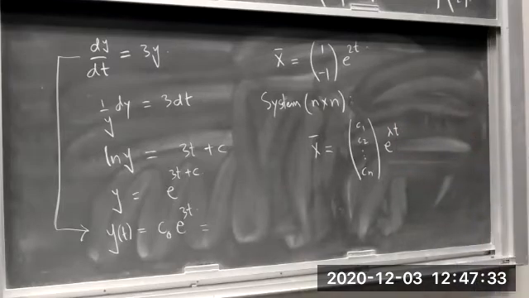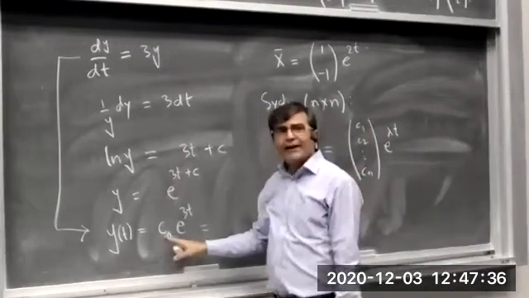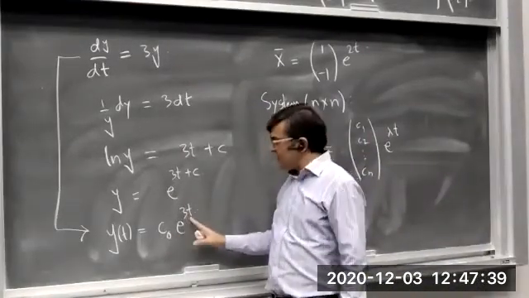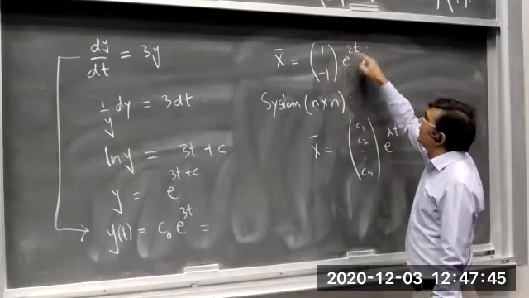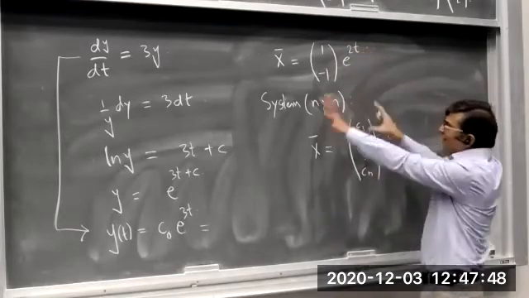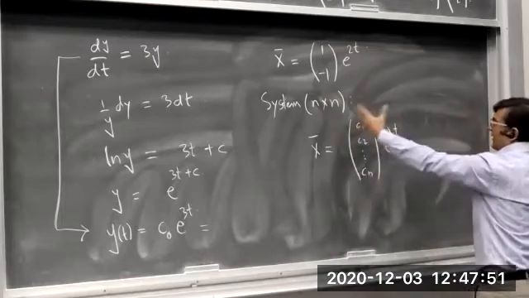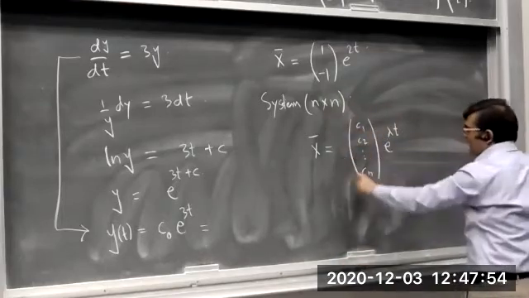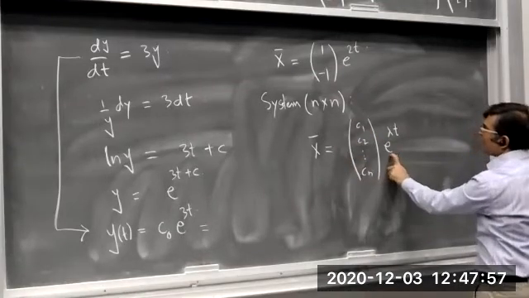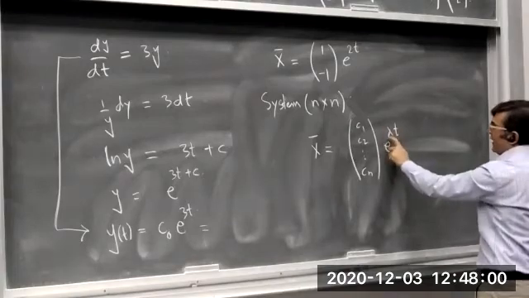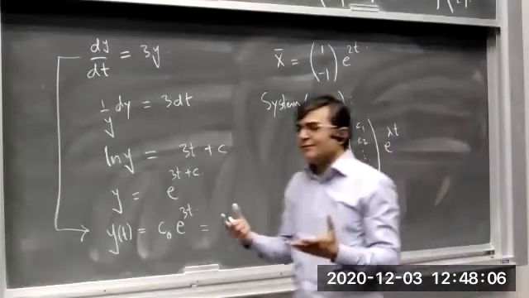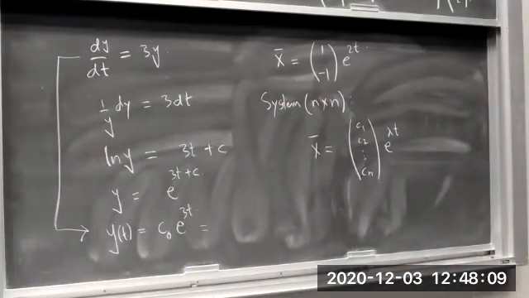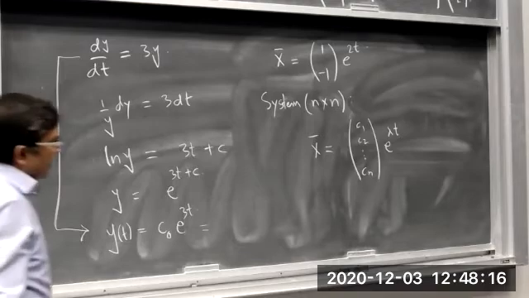So in general, for a single equation it is a constant times an exponential of some constant times t. For two equations it is a constant vector times an exponential of some constant times t. For an n by n system the solution will be of this type: a constant vector times some exponential function of a constant times t. In general, we can generalize that the solution of a system of first order homogeneous differential equations is of this form.